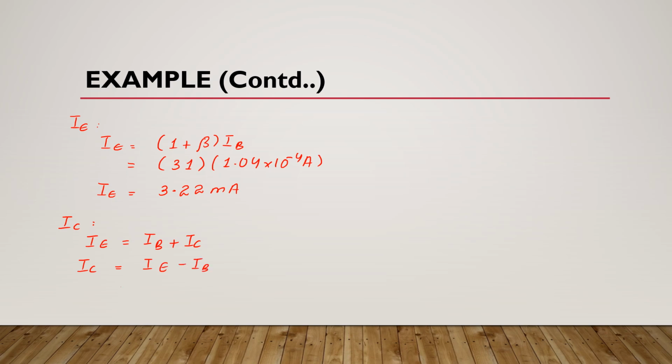Here IE is 3.22 into 10 raised to the power minus 3 amperes, and we know that IB is 1.04 into 10 raised to the power minus 4 amperes. After solving this, you will get IC is equal to 3.116 milliamperes. Okay.